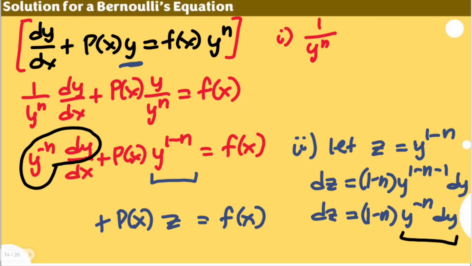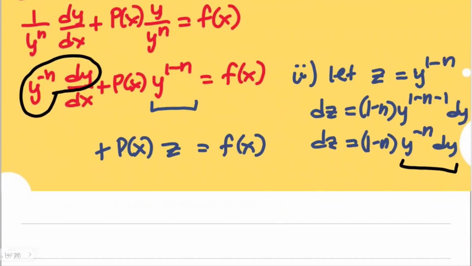That's the value there. So that means that if you're going to divide both sides with 1 minus n, we have derivative of z over 1 minus n, that's actually y to the power of negative n dy, which is again equivalent to this here.